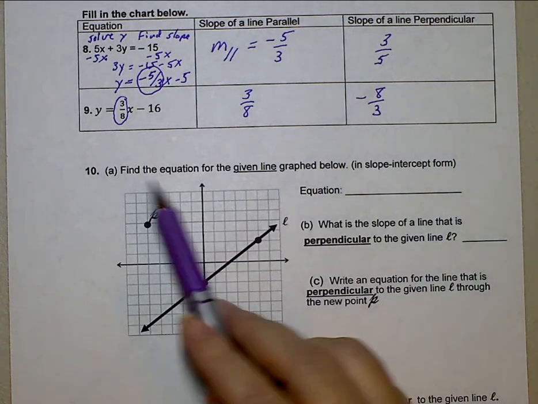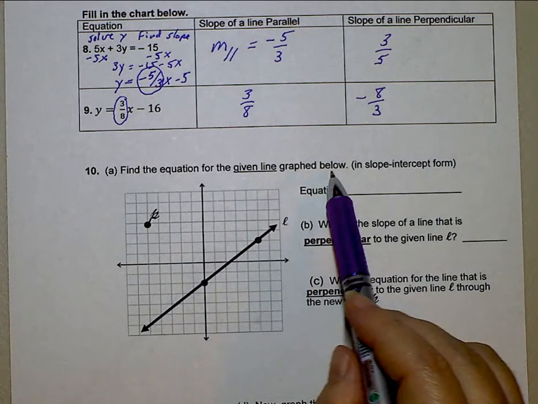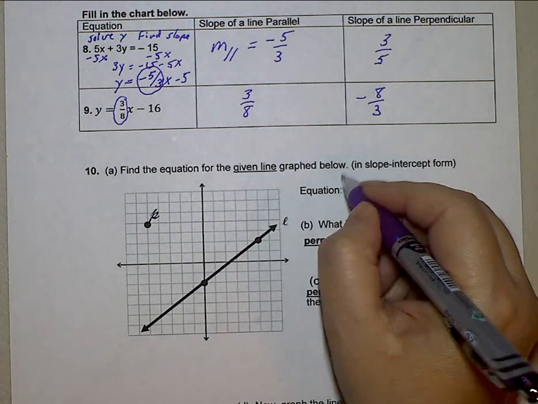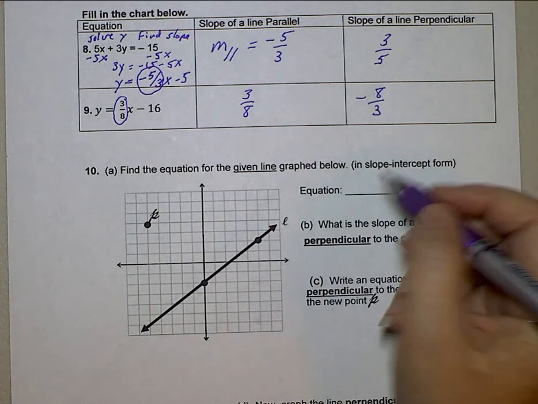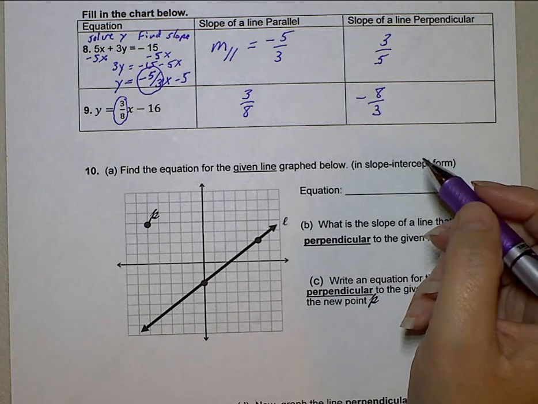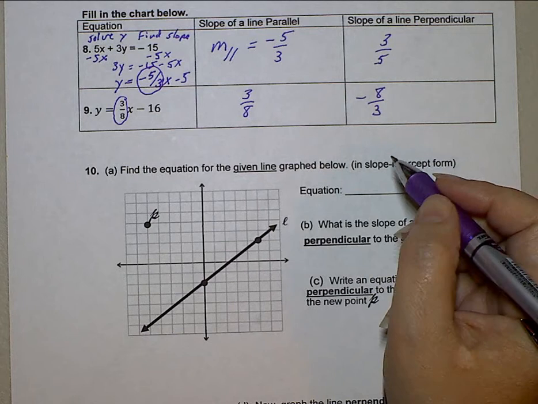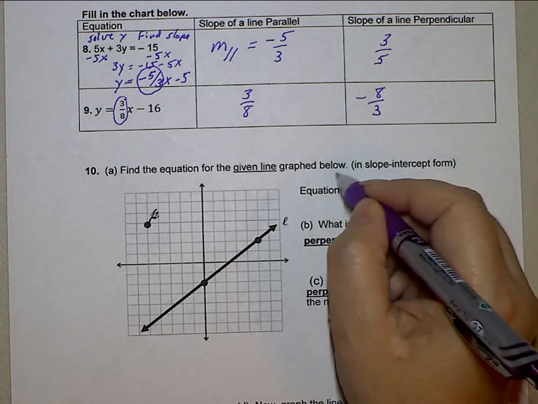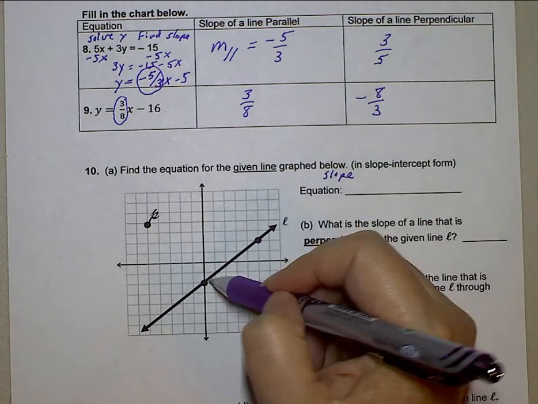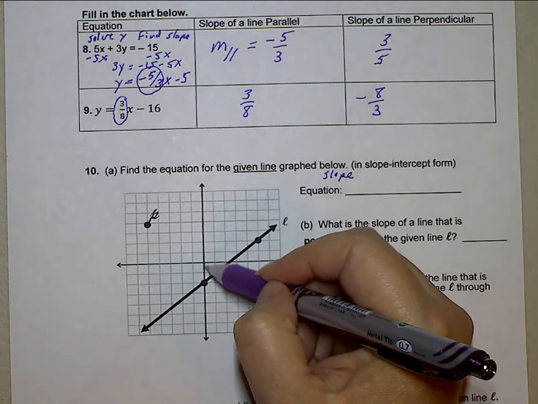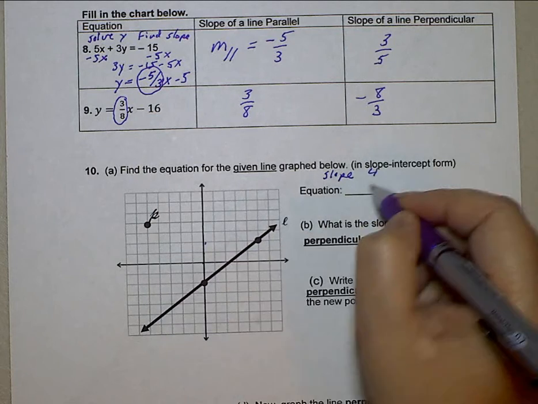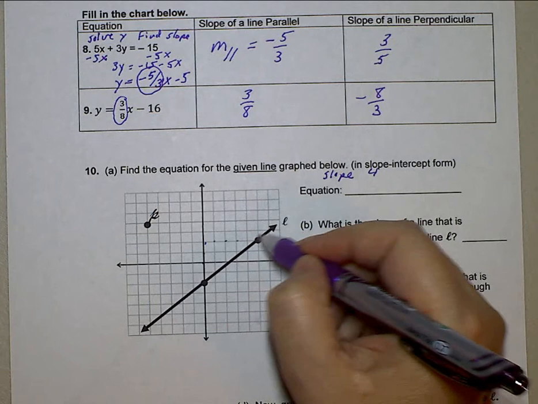Find the equation of the given line. And so we have to find the slope. We always need the slope and then a point. So we know a slope is rise 1, 2, 3, 4, and I'm going to run 1, 2, 3, 4, 5.